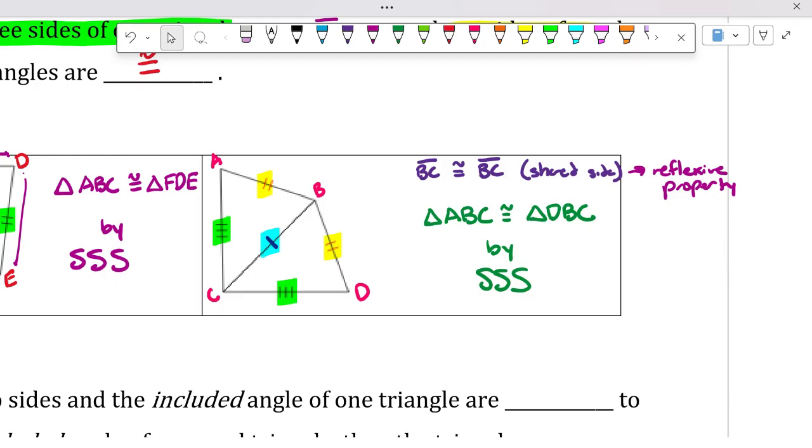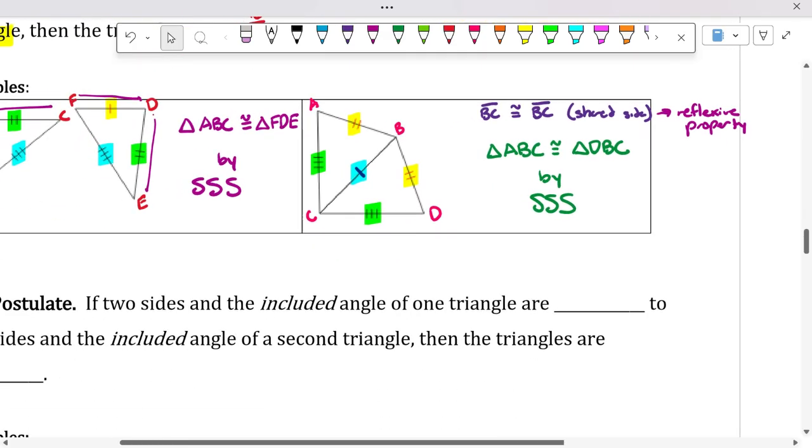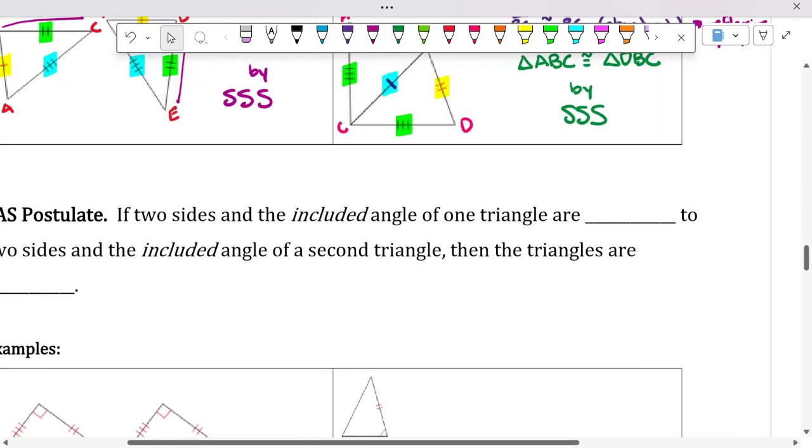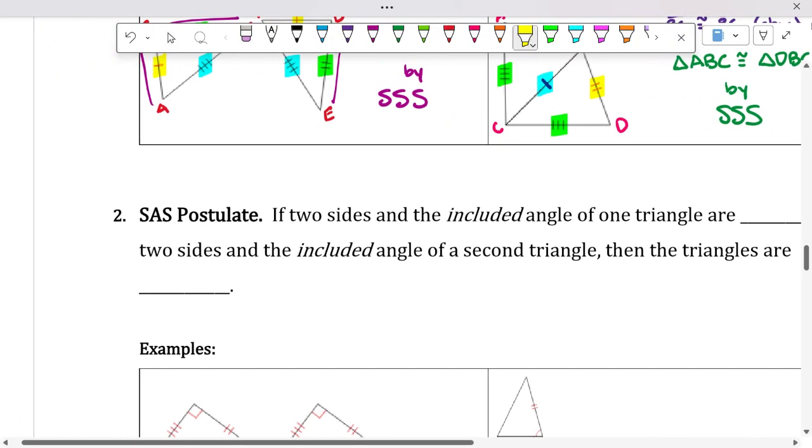Now, the next couple ones, they're not necessarily hard to recognize. You just have to be careful with where things are positioned. All right. So the next postulate is SAS. So based off of what I said has to be congruent, what do you think SAS stands for? Side angle side.